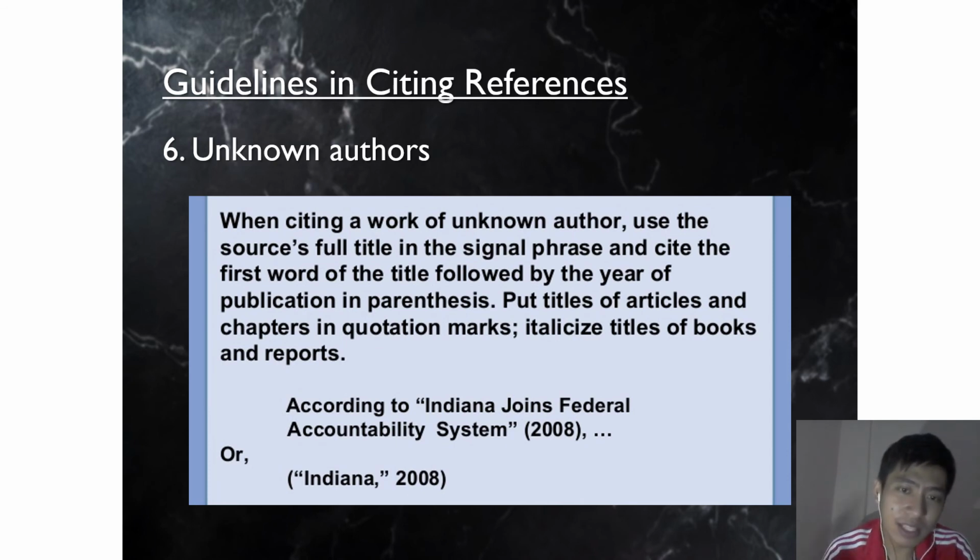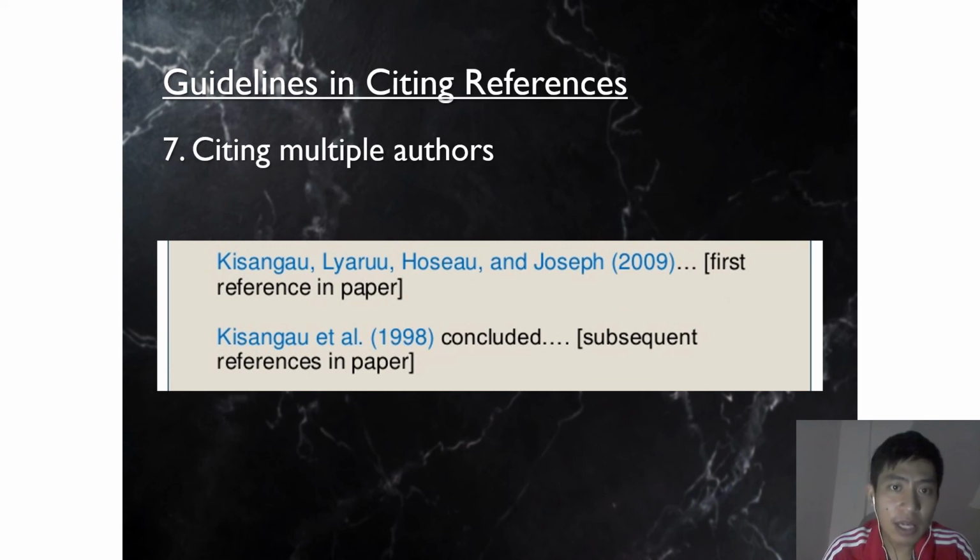So according to Indiana Jones Federal Accountability System 2008, so it will be Indiana, comma, 2008. So citing multiple authors, we have King, Sangao, Learu, Hoshu, and Joseph. So it will be King, Sangao et al. 1998.